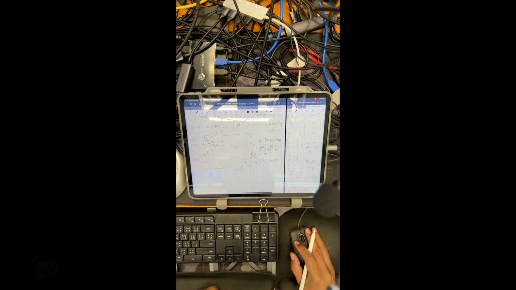And what about I1? I1 is right here, right hand.